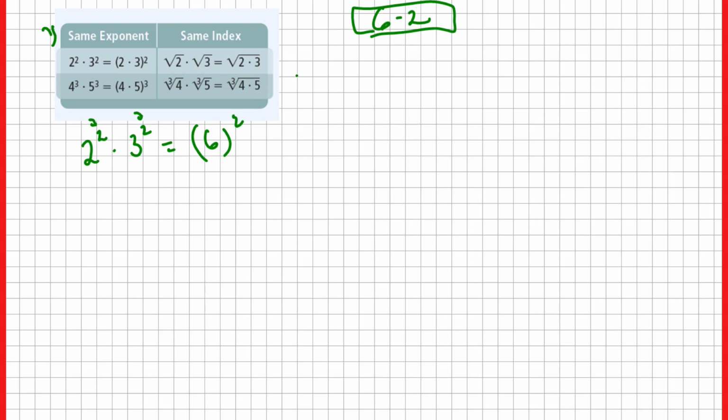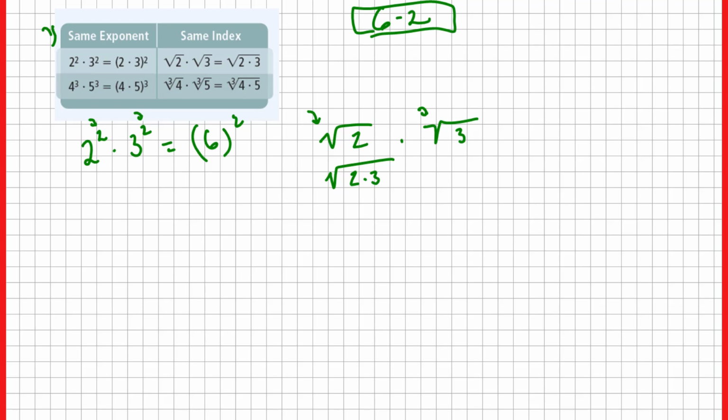The index can be square root, cube root, etc. So if I have the square root of 2 multiplied by the square root of 3, and the index is the same, we can say that's going to be the square root of 2 times 3. So that's the rule in multiplying radical expressions.